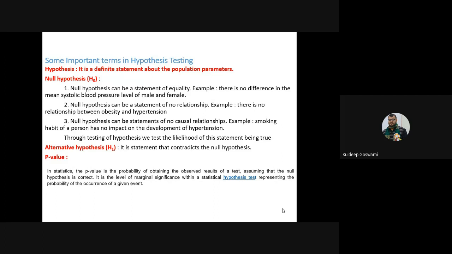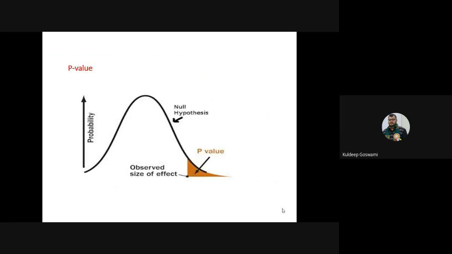In this case, the alternative hypothesis will be there is some difference in the mean systolic blood pressure level of male and female. In the second example, the null hypothesis is there is no relationship between obesity and hypertension. Now, my alternative hypothesis will be there may be some relationship between obesity and hypertension.